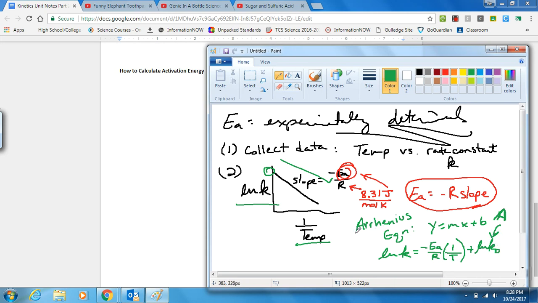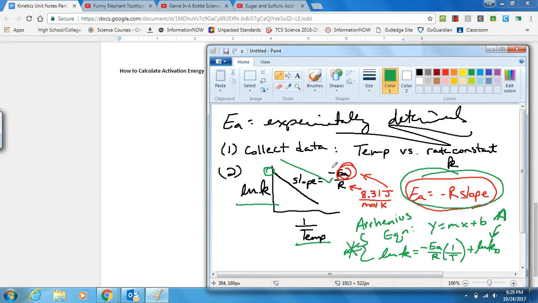Now, do you have to apply the Arrhenius equation for AP? No, you do not have to. I just want to show you where this is coming from. What you do have to be able to do is explain how to find activation energy. You can't just say this for your answer. You have to say, I have to collect data, temperature versus rate constant, plot natural log of k on my y-axis, 1 over temperature on my x-axis.